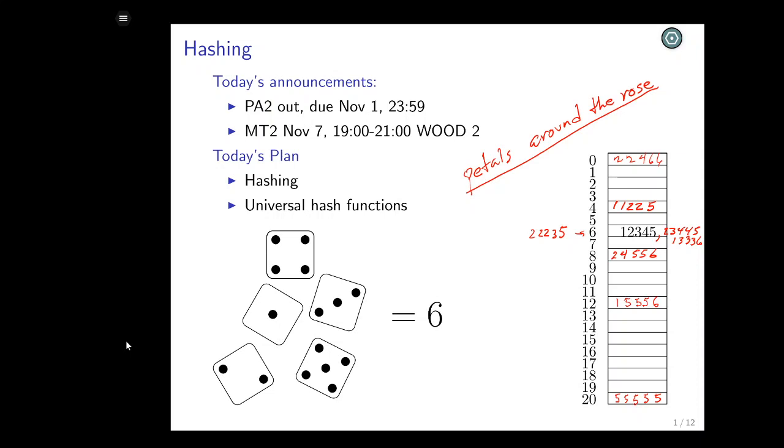This one would be 10. That would be 8. That would be 6. That would be 6 as well. That would also be 6. That would be 10. Petals around the rose. Has something to do with the picture.